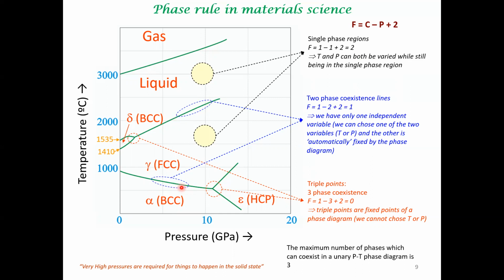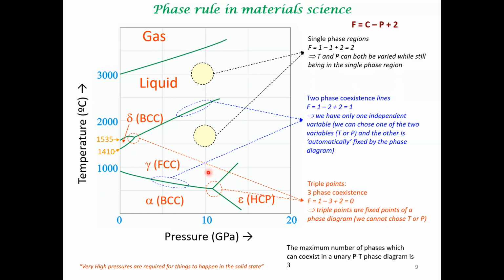Let us go to a region where three phases are present. That is this region. In fact, this is not a region, this is actually a point. Why so? If I have component to be 1, phases to be 3, then just by implementing the Gibbs phase rule, C minus P plus 2, I have the degree of freedom to be 0.